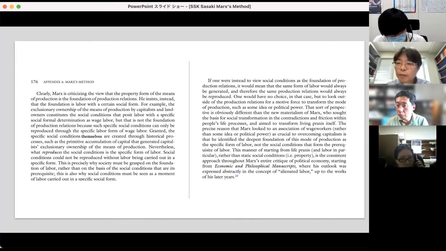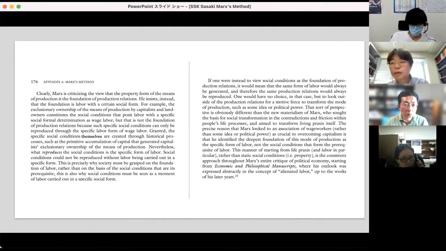That sort of perspective is obviously different from the new materialism of Marx, who sought the basis for social transformations in the contradiction and friction within people's life processes, and aims to transform living practice itself.